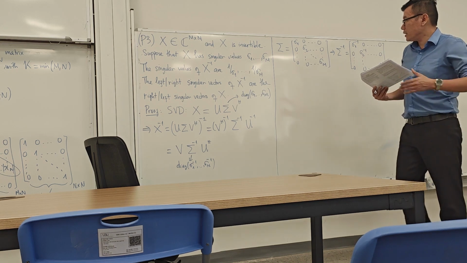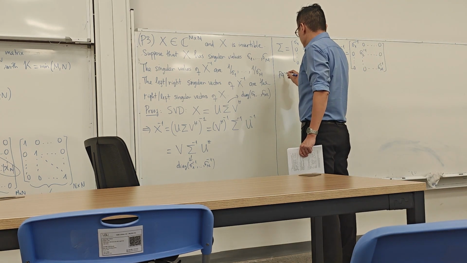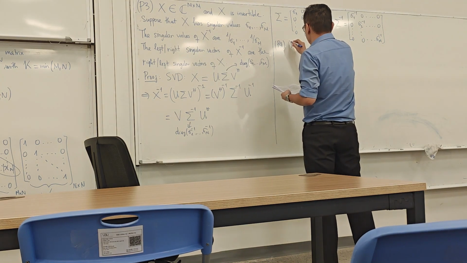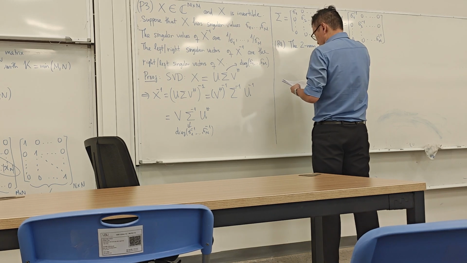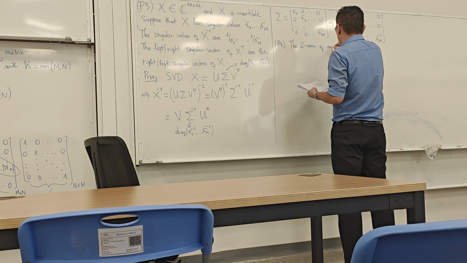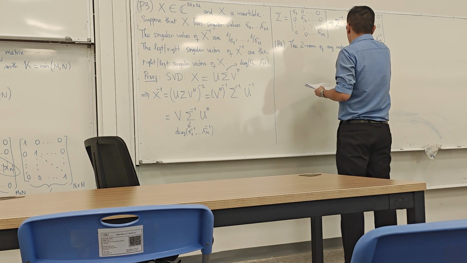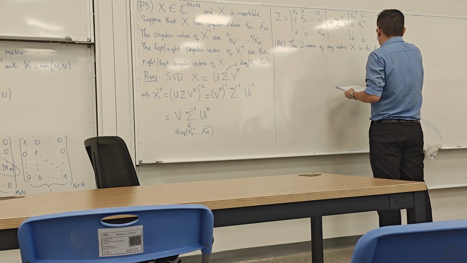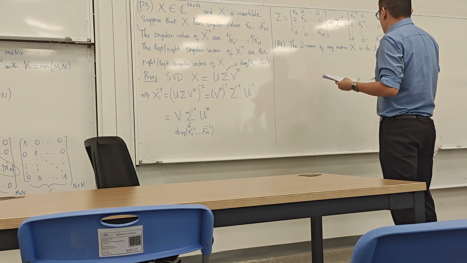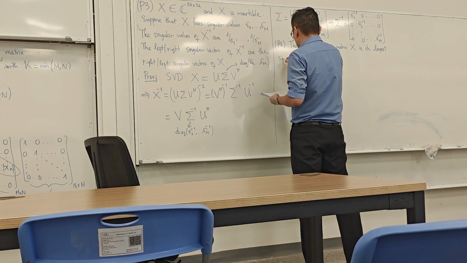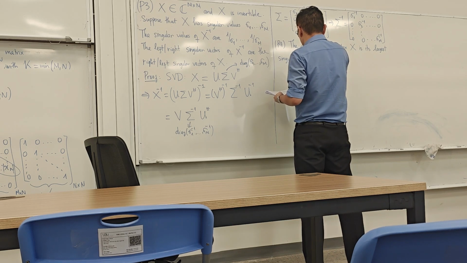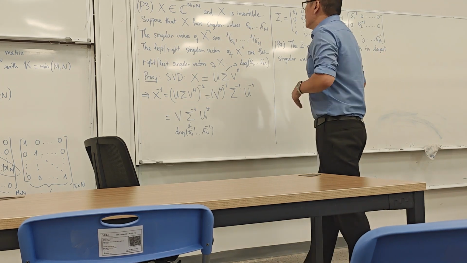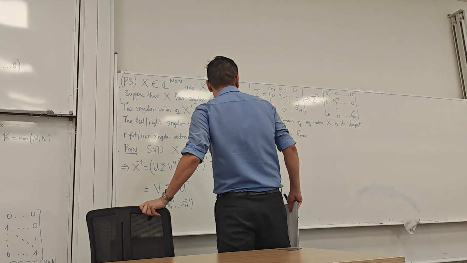Okay, and the last property, P4. The two norm of any matrix X is its largest singular value, sigma max.